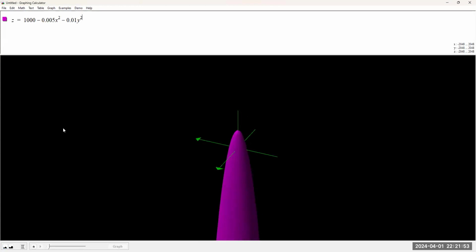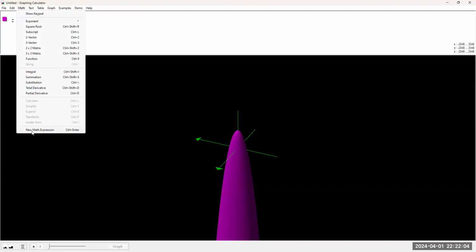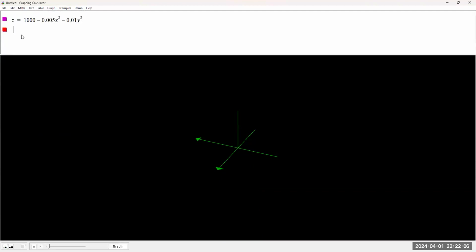Now suppose I draw a coordinate. New equation. How do I draw that coordinate? 60, 40. Honestly I don't know.